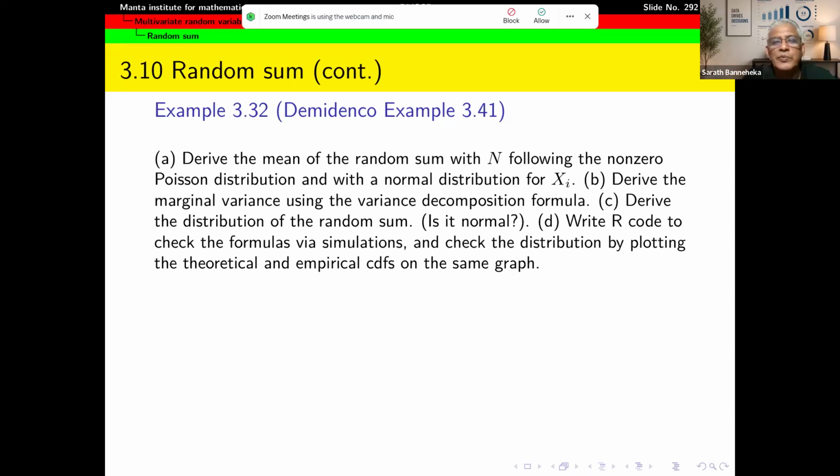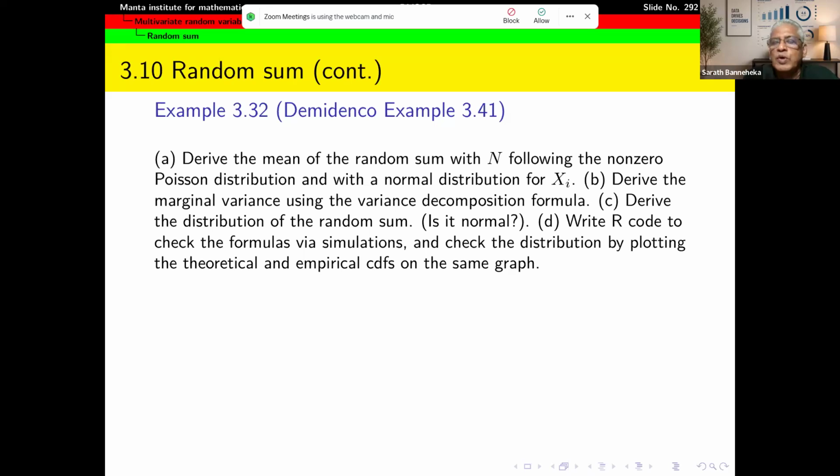So let me continue. I was talking about this new problem where we are going to assume that n has a certain Poisson distribution. Of course, in a Poisson distribution, generally the value can be zero. But for this problem, n equal to zero is not going to be meaningful.